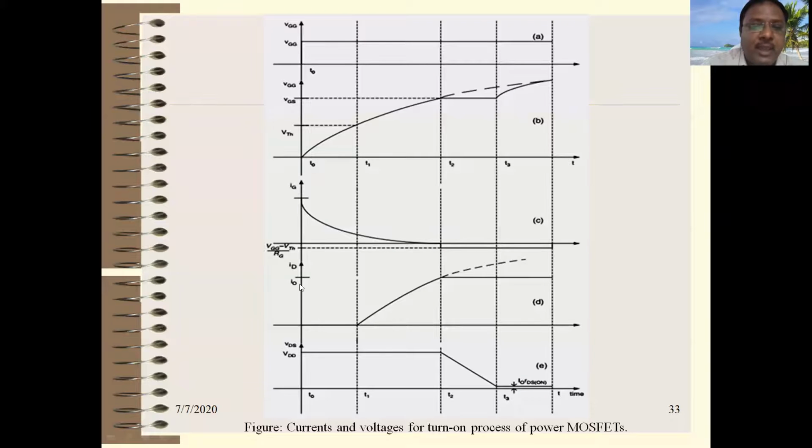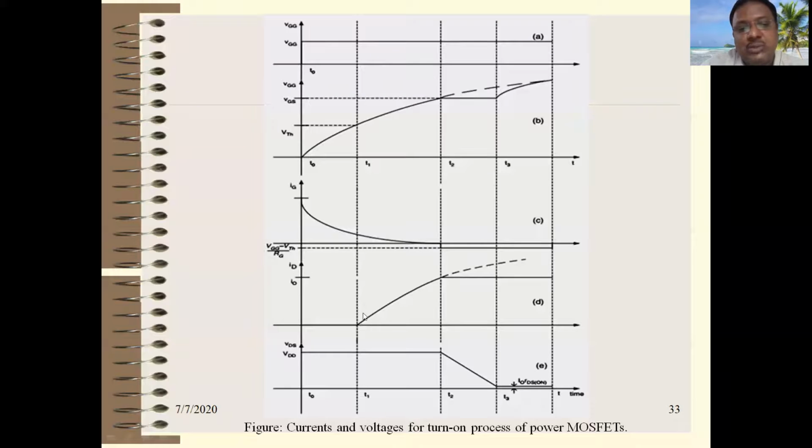See here in the ID graph, ID is 0 because the input capacitance, called CGS, is charging. Whenever the voltage across this capacitor is greater than VT, your device starts to conduct, and then the current starts to increase.